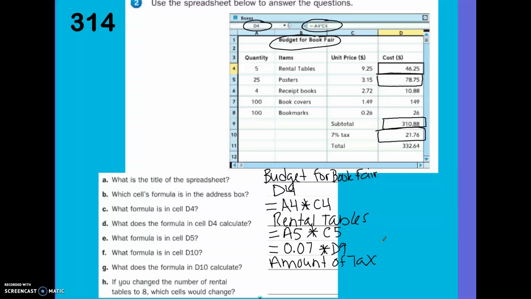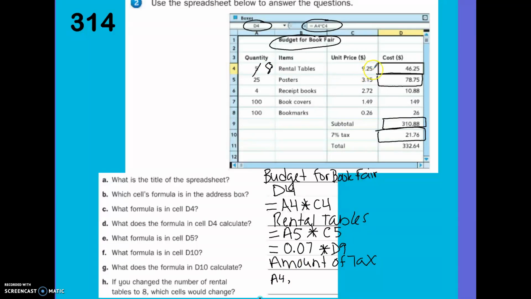And then if you change the number of rental tables to 8, so up here, if I want to get 8 rental tables instead of 5 rental tables for the book fair, and I change that number right here to 8, then that is going to affect cell A4. So I'm going to list all the cells that it's going to change.